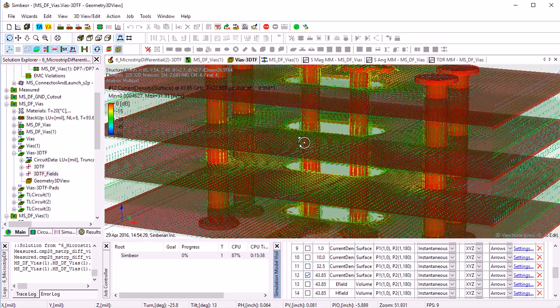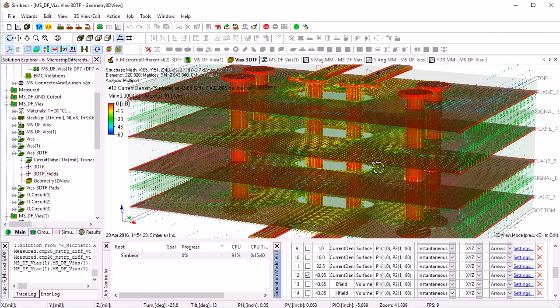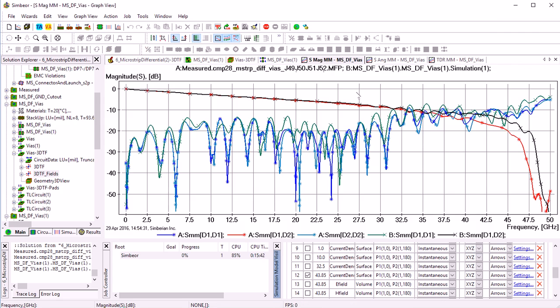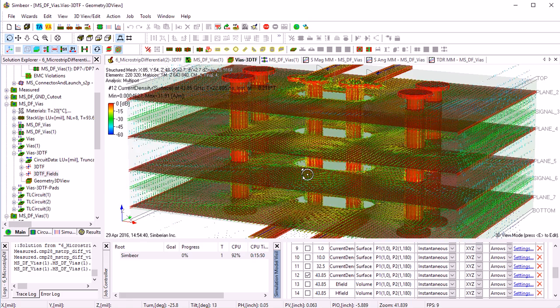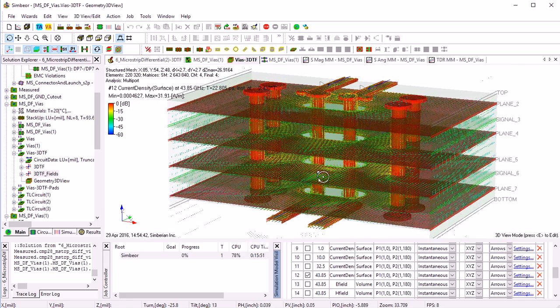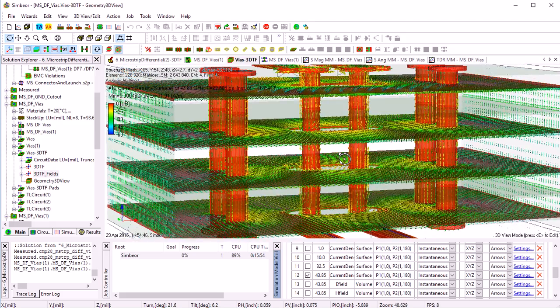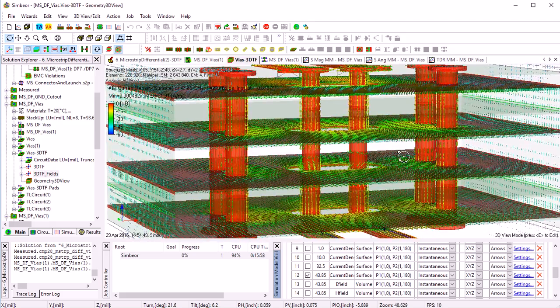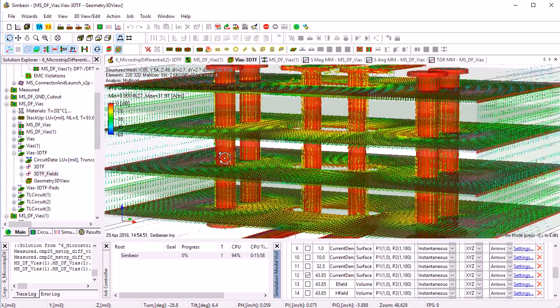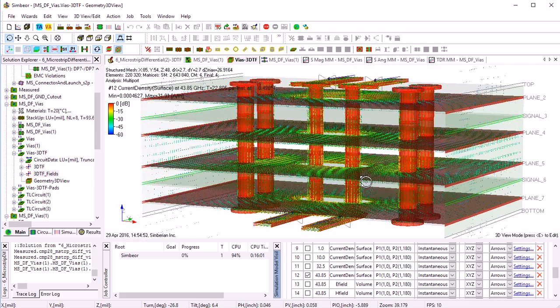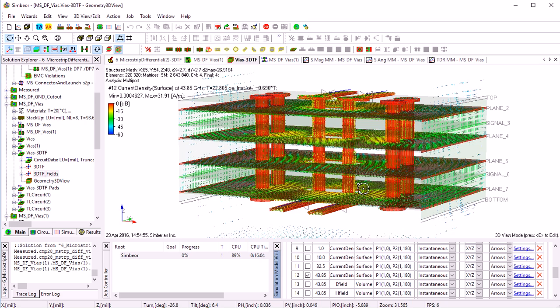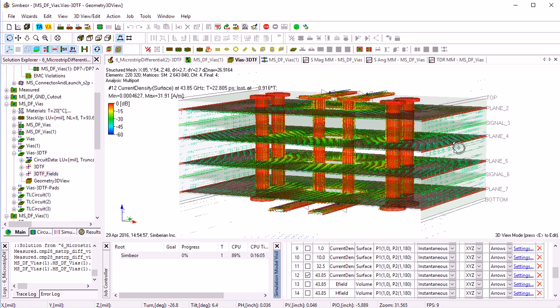At 43.85 gigahertz, now currents are not localized, and that's why we see considerable discrepancy in the insertion loss at those frequencies. The via loses the localization, so essentially it's not behaving as at 1 gigahertz obviously, and the energy is spread farther away, and we can see the return currents flowing on the sidewall.